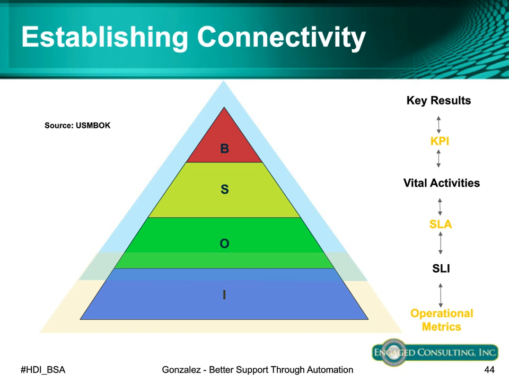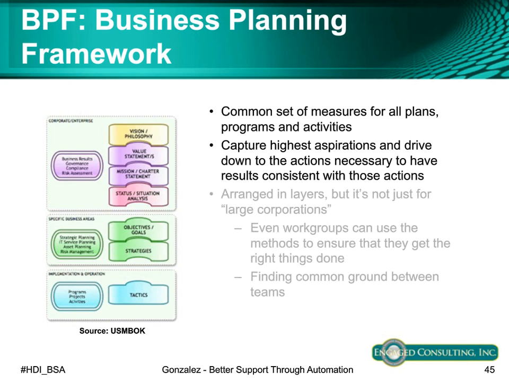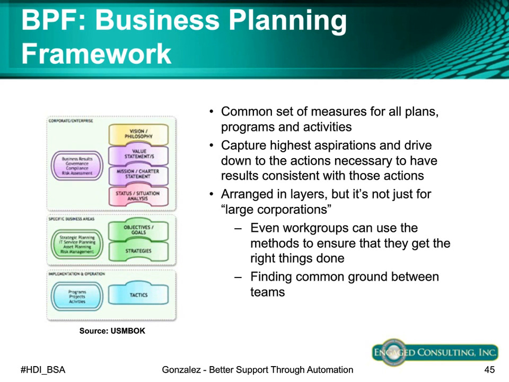I'll give you 2 pieces of planning advice that will help you deal with this. The first is the business planning framework. These are the specific set of measures and planning elements that go into being successful in terms of being able to provision services for the business. This is actually helping us establish what's important to the customer, why it's important, and gives us a way of setting the context for everything else that happens.